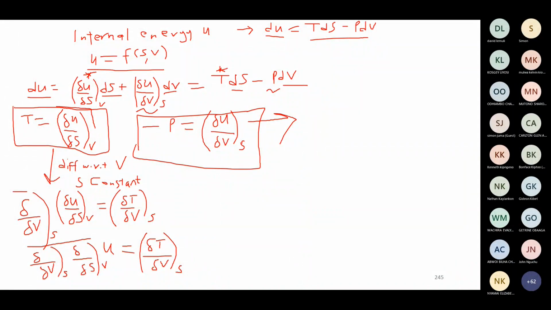So when you do that, you differentiate both sides of that expression with respect to S while keeping V constant.